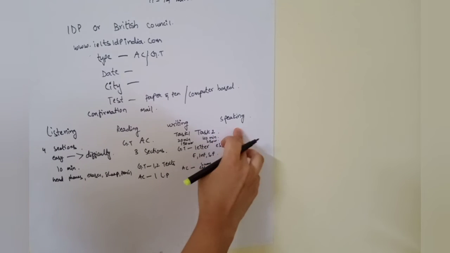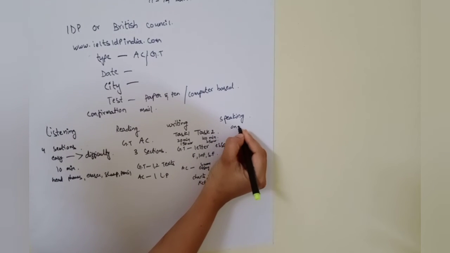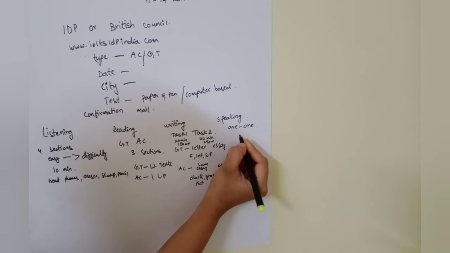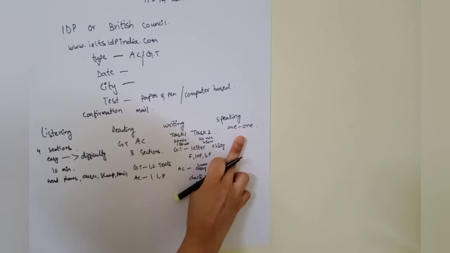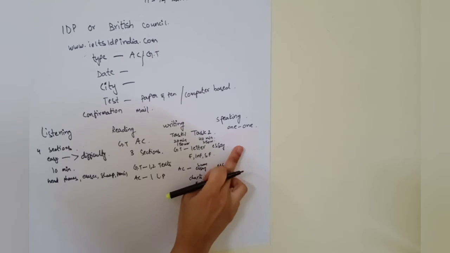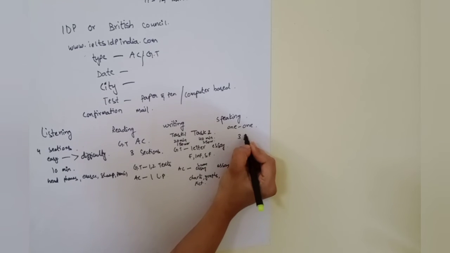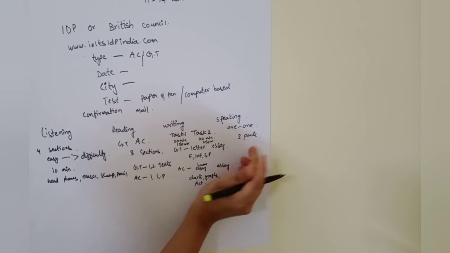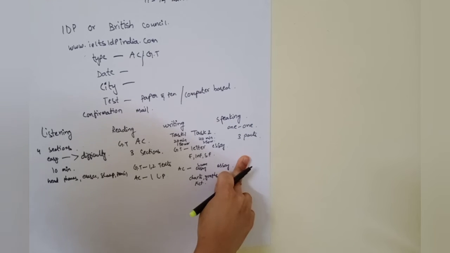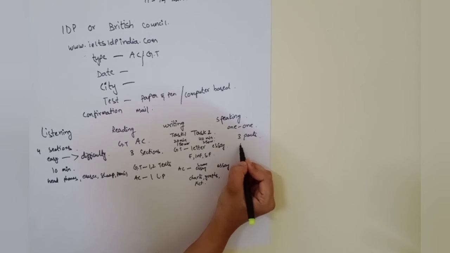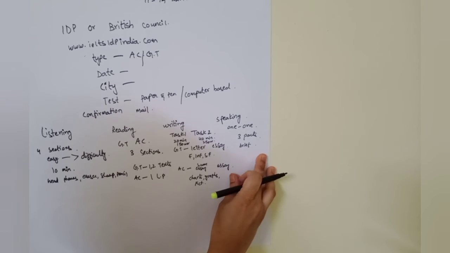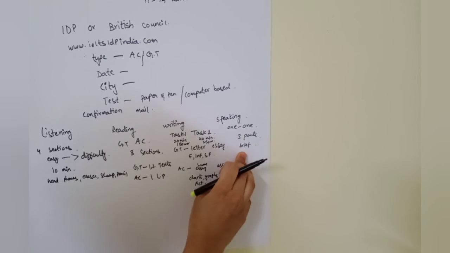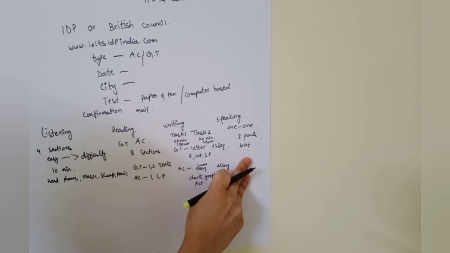The speaking test is a one-to-one interaction between the examiner and the candidate, which will be recorded. It has 3 sections or 3 parts. In the first part, you have to give a brief introduction about yourself when asked, and there will be a short question and answer conversation between the examiner and the candidate.